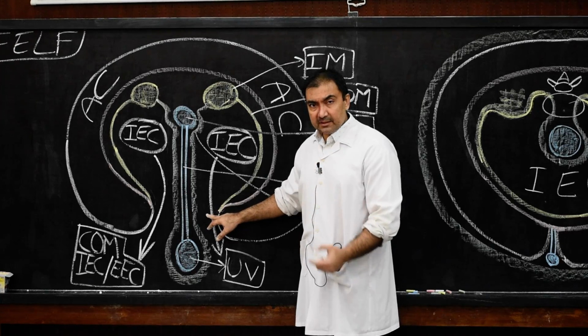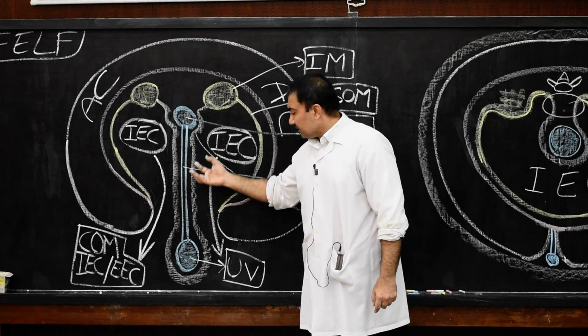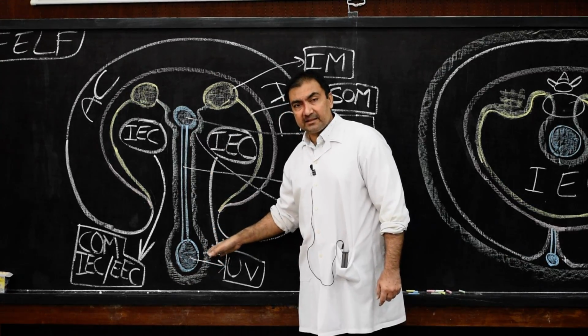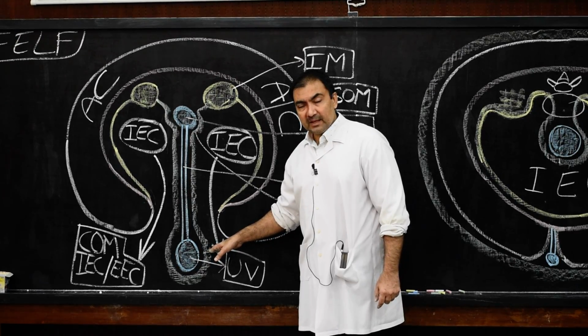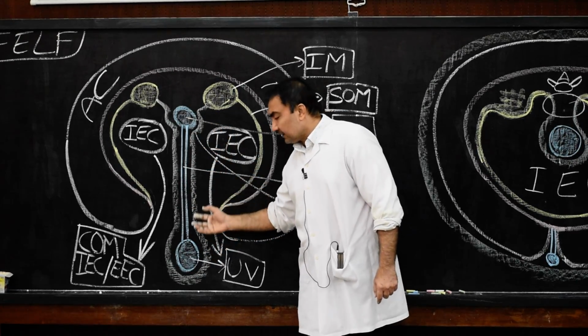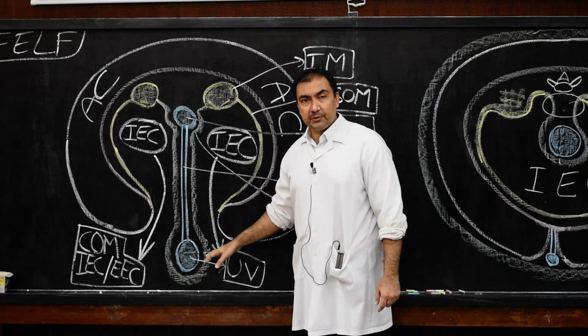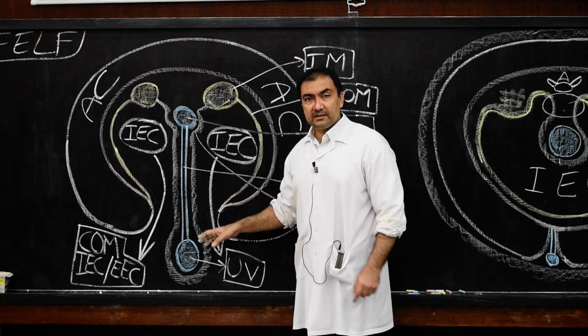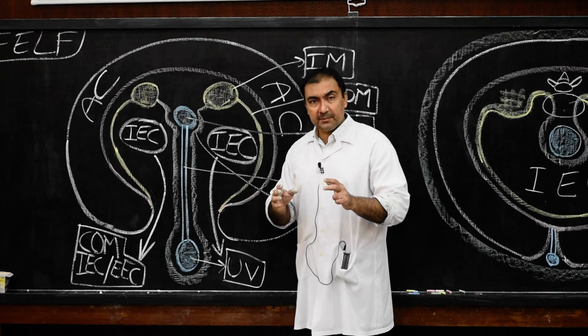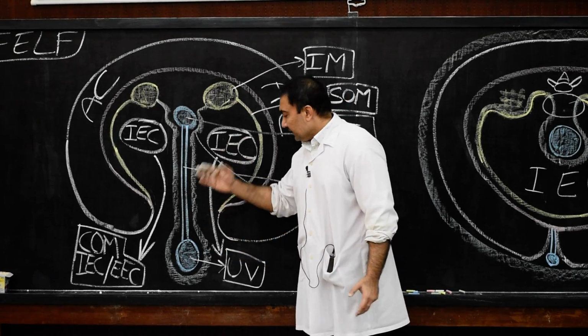During this period, a portion of midgut will be herniated outside in the extraembryonic part, and that portion of midgut herniated outside in the extraembryonic portion will be known as physiological umbilical hernia. But after 10th week of development, it will also close.